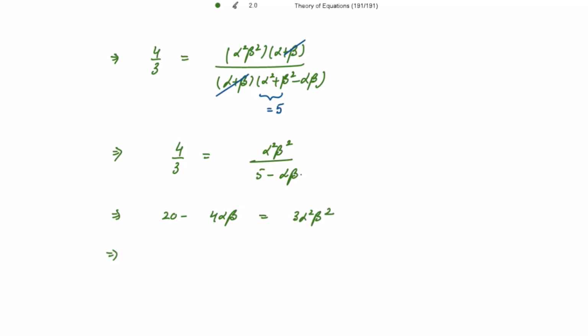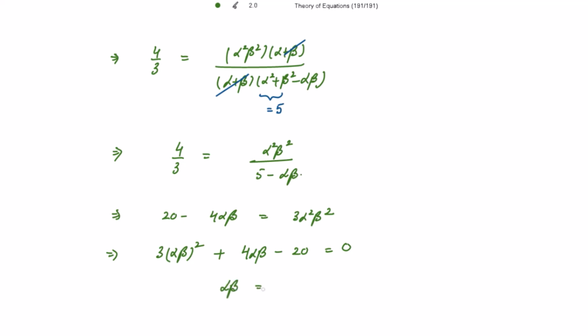So now we are getting a quadratic equation in alpha beta. This 3 alpha square beta square can be written as 3 times alpha beta whole square. So this is a quadratic equation in alpha beta.